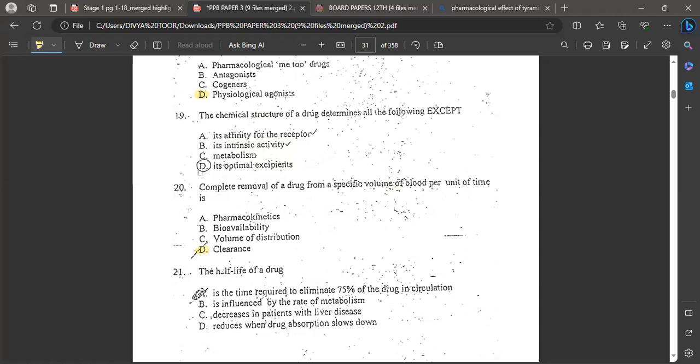They are all looking like answers, but I'd just go with D, optimal excipients.